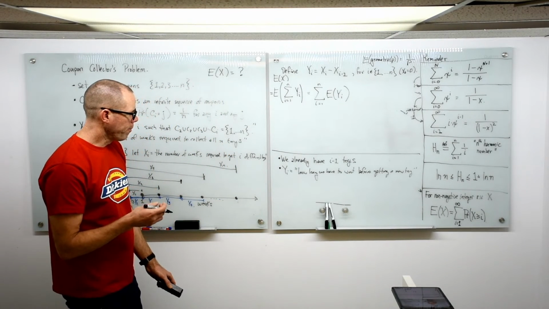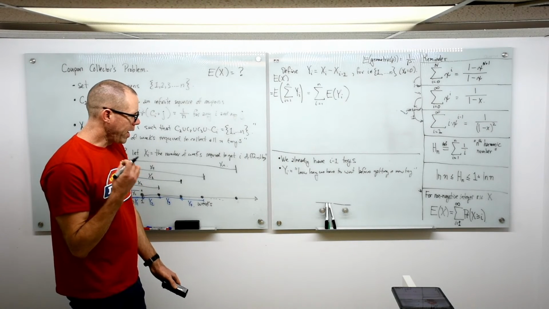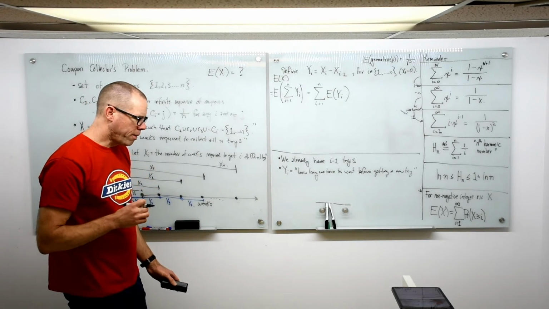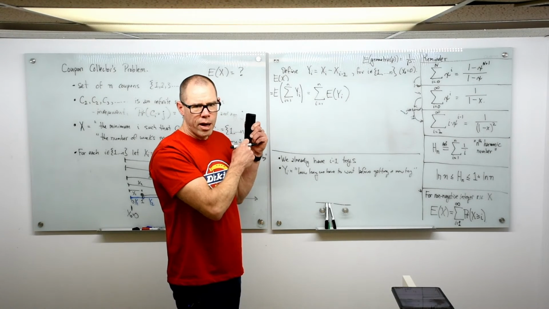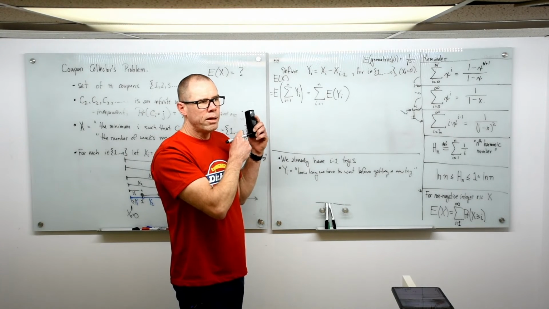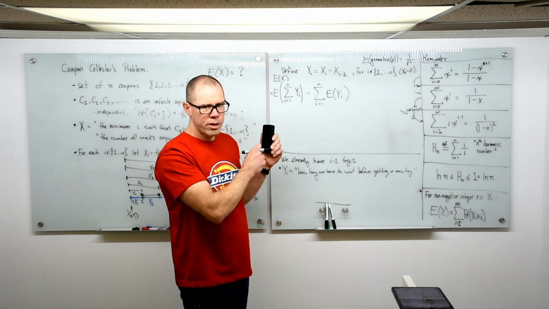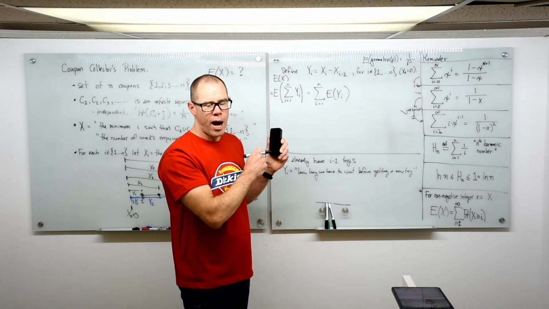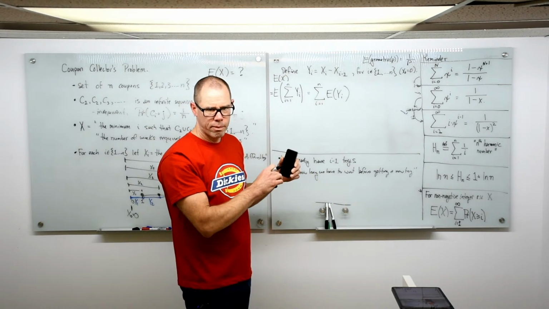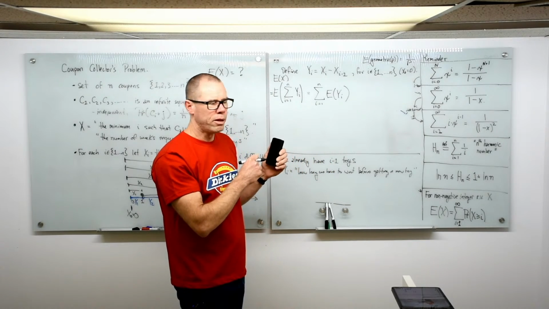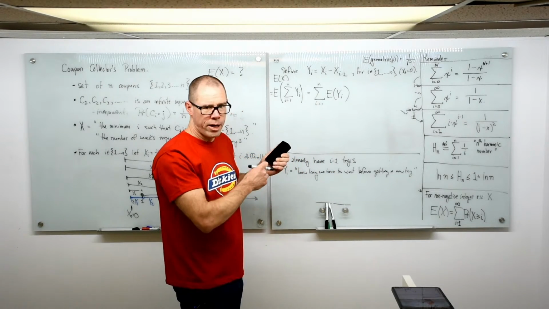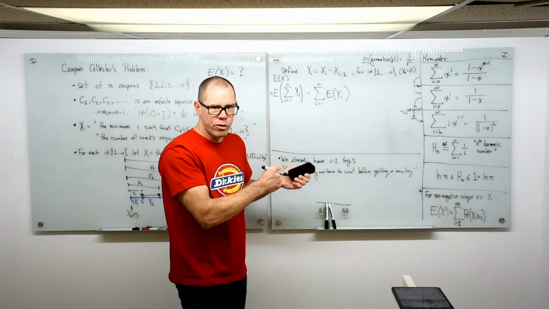So for any particular week, you can imagine I go to the store, I blindly take a box of cereal, and with probability i minus 1 over n, I lose that week. Okay? I don't get the new toy. And with probability 1 minus i minus 1 over n, I get the new toy.